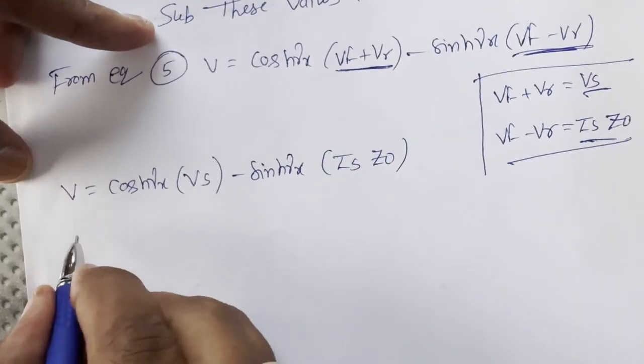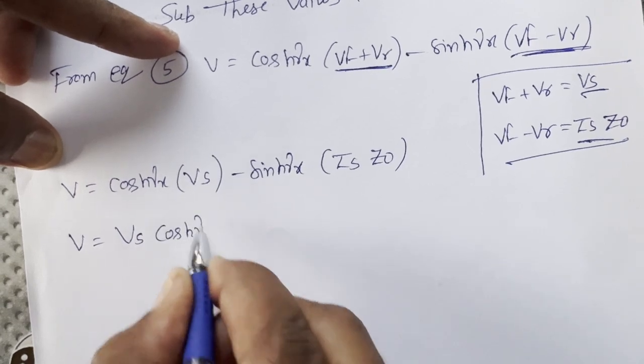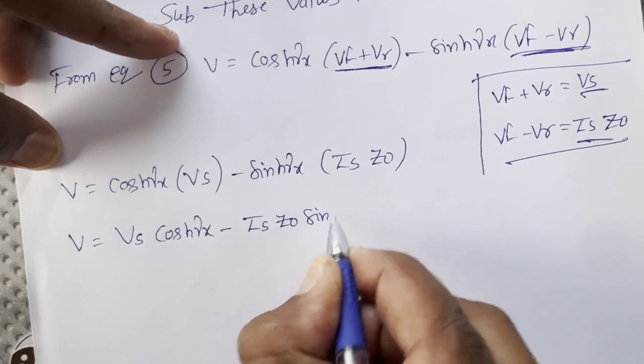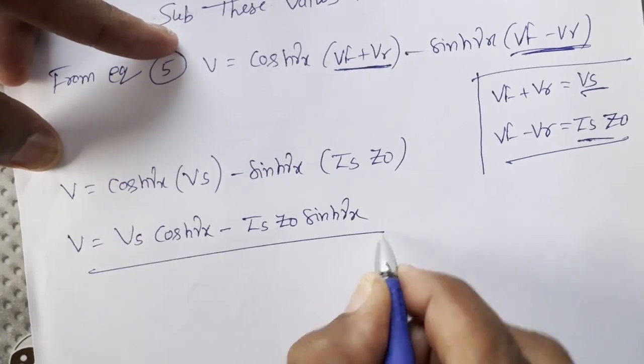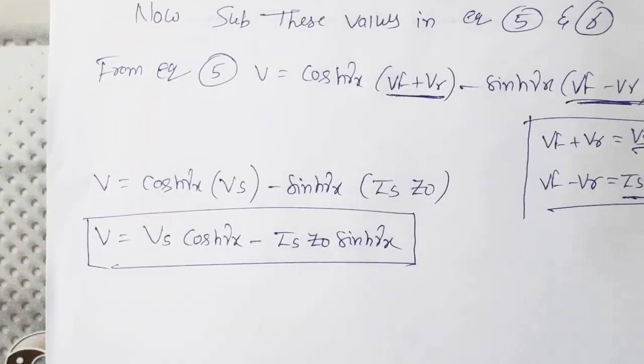Then it can be written as V equal to Vs cosh gamma x minus Is Z0 sinh gamma x. It is one of the general solutions of the transmission line.